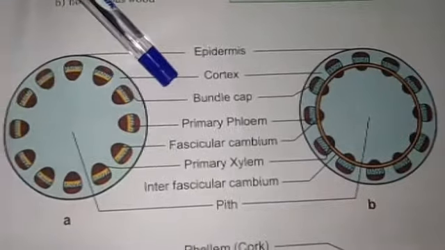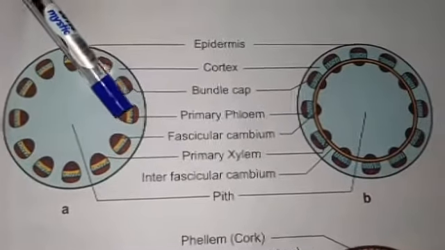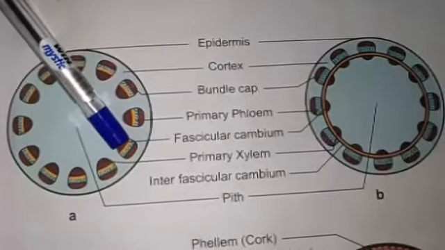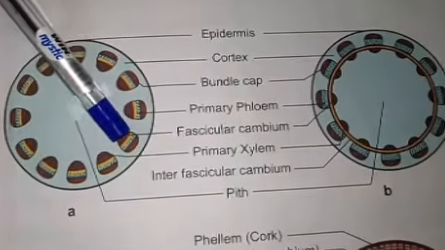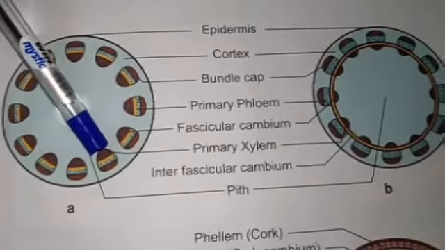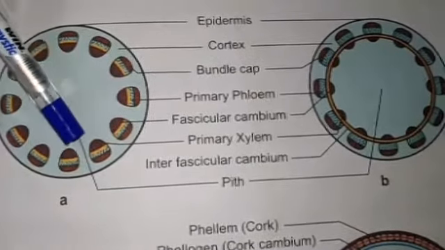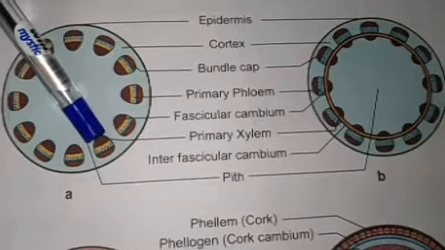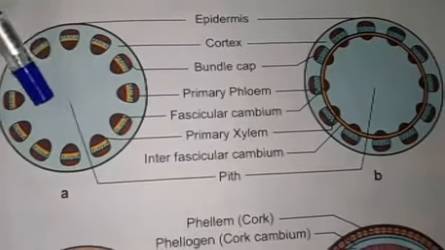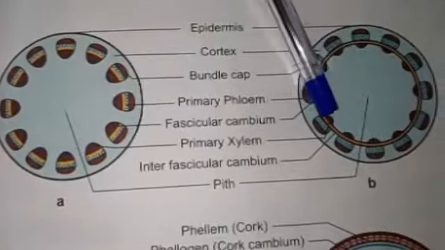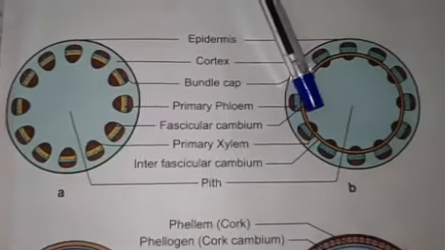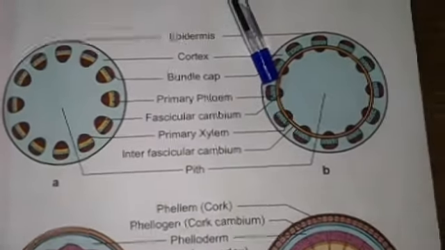Then the primary phloem, in between the primary phloem the fascicular cambium, next the primary xylem, then the interfascicular cambium, and the central region has a pith.